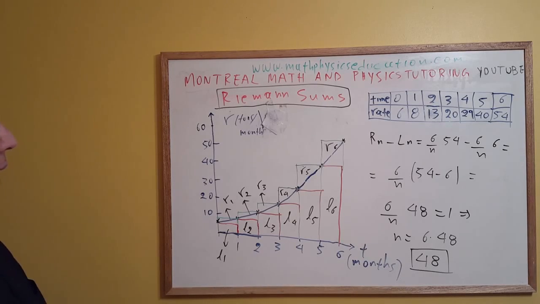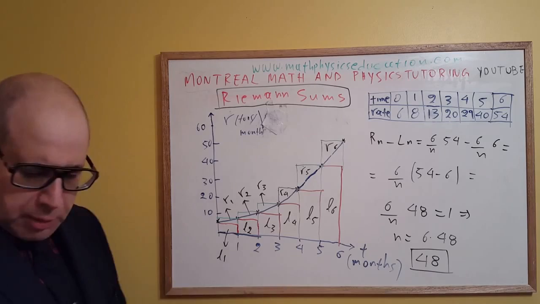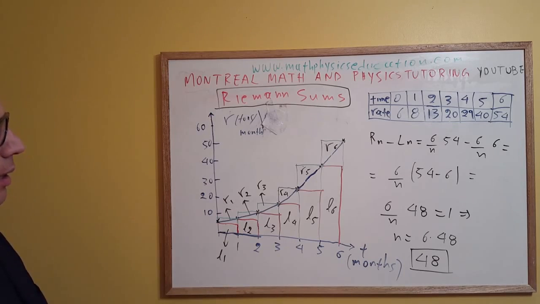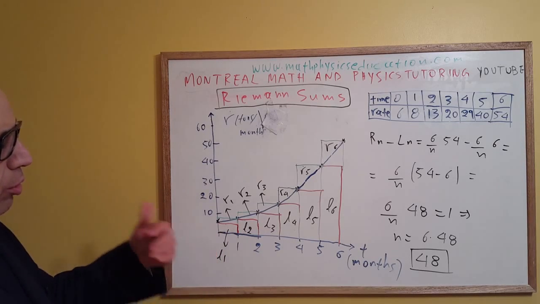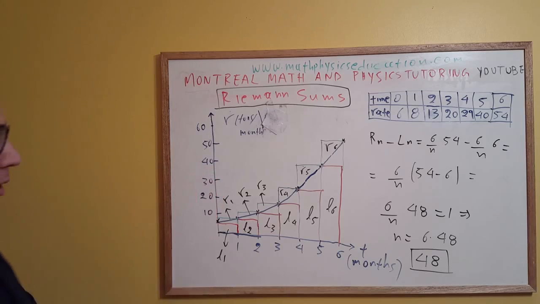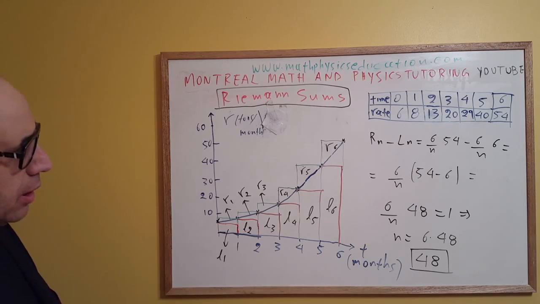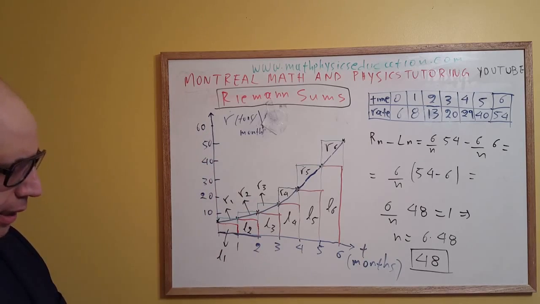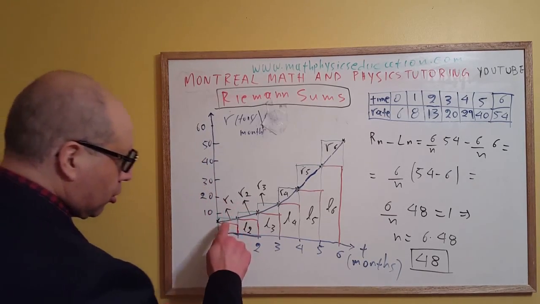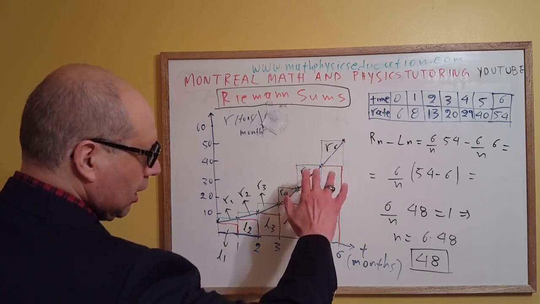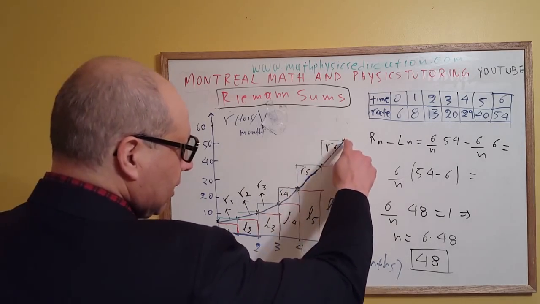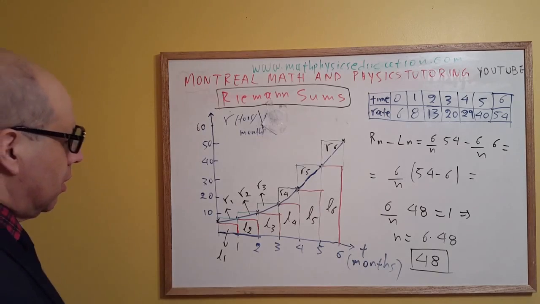Everybody who has done this topic knows that to find an underestimate and an overestimate, you have to use left endpoints and right endpoints. Since this graph is increasing, the overestimate will be given by the right endpoints.